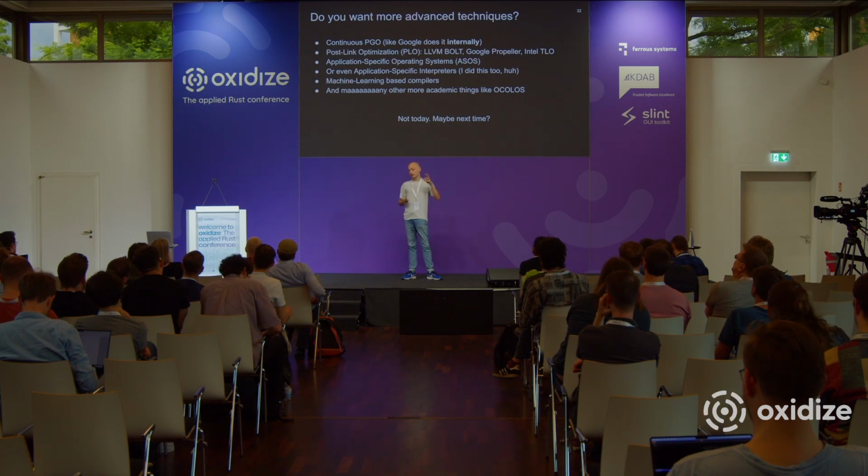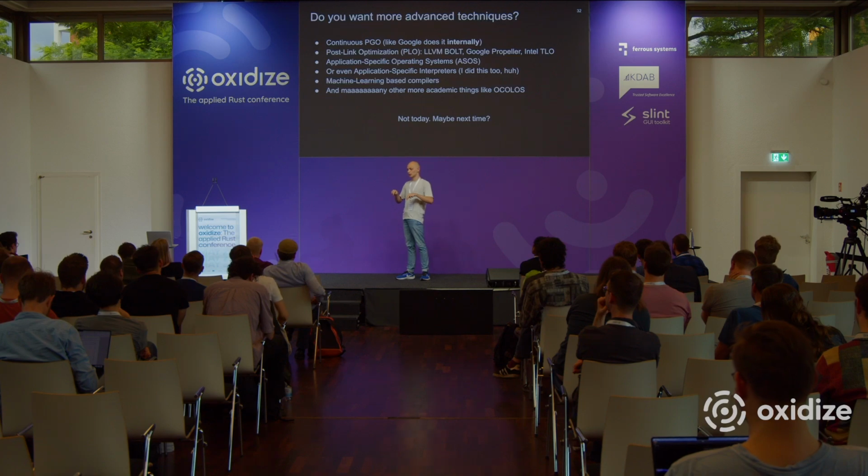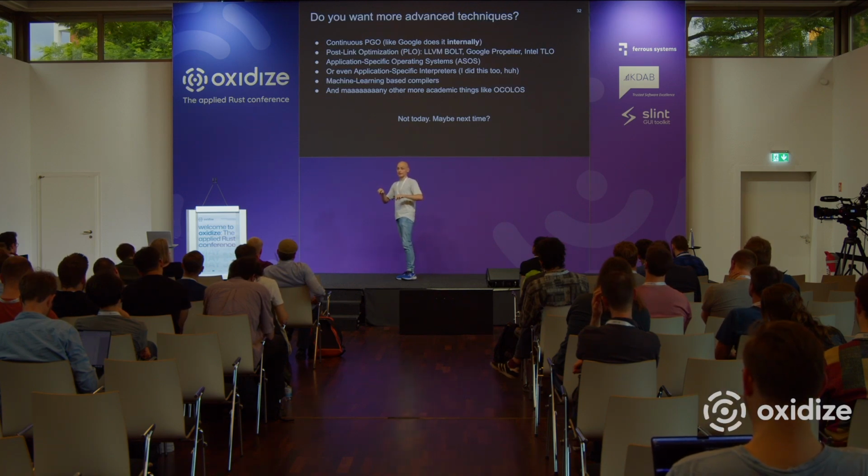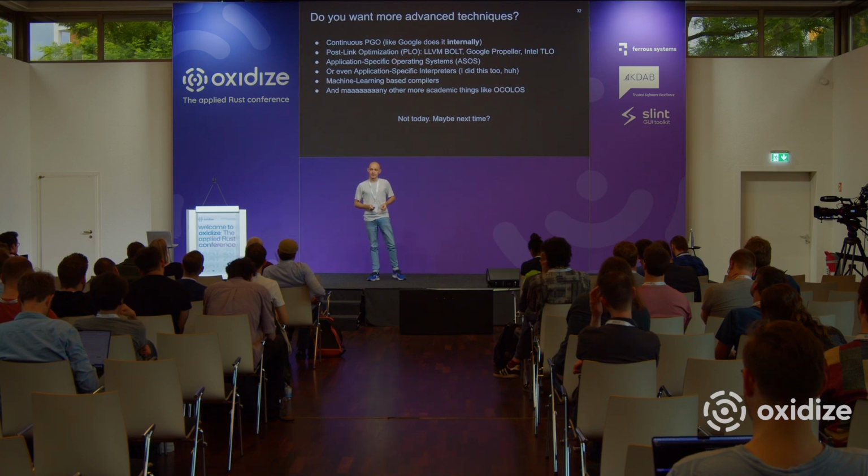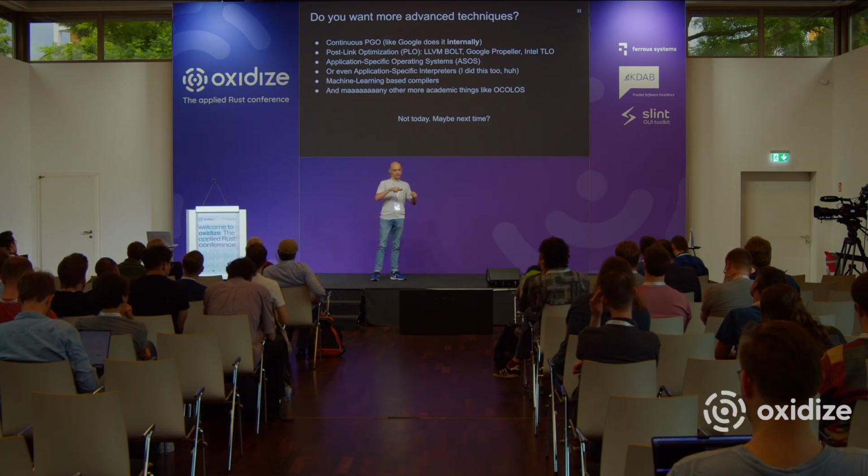You can apply PGO to the operating system and tweak the operating system to run one specific workload, for example, databases, because they have specific workload patterns. Applying machine learning stuff, LLVM has already some kind of integration of machine learning infrastructure, and so on, and many, many other things. I don't have time today, maybe next time. And that's it for today.